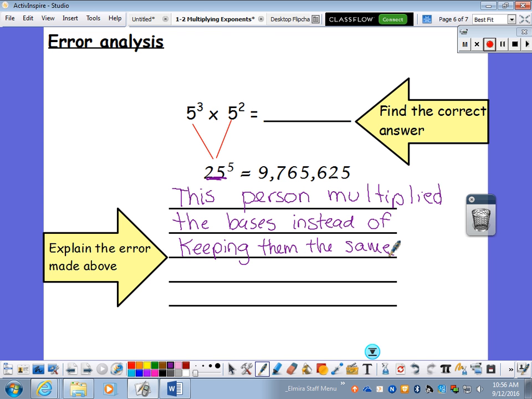So what they should have done is kept the 5. So find the correct answer. Kept the 5. Then 3 plus 2 is 5. And then if you wanted to find the correct answer of 5 to the 5th power, I believe it's 5 caret 5. Yep, 3,125.